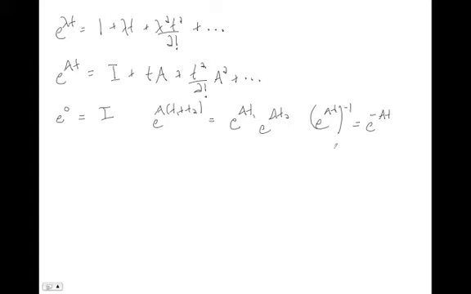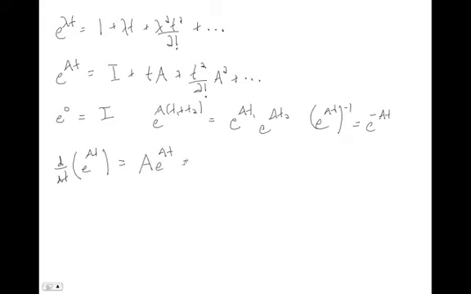What else can I say? e to the At is still a function of time, so I could take the time derivative of it, d/dt of e to the At. I do this by going right back up to the series of e to the At and differentiating term by term. When I repack the terms, I see that this is equal to A e to the At.